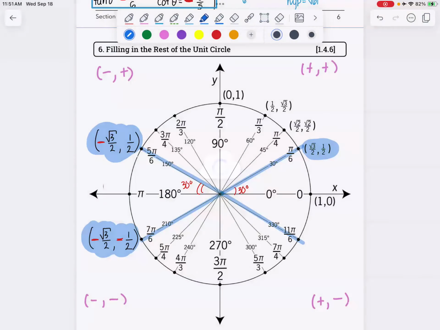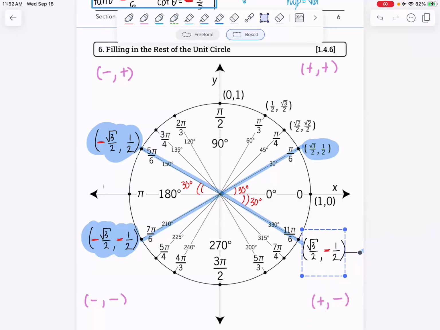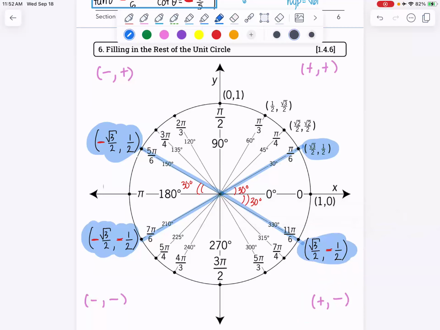Over here, 330 degrees. 330 degrees is 30 degrees away from 360. So his reference angle is 30 degrees. It's going to use the same x and y values, but now x will be positive and y will be negative. So I'll just erase the negative sign, move that over.